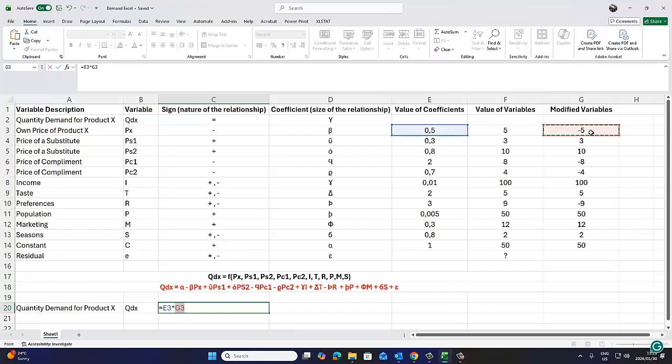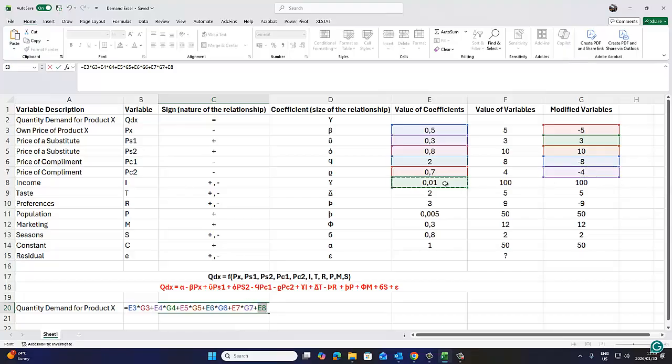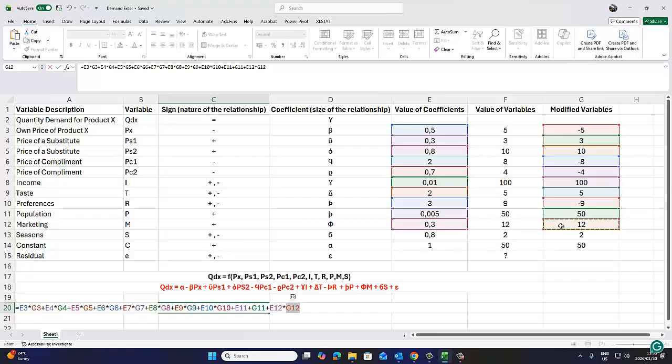times that value plus that value times that value, plus that value times that value, plus this value times that value, plus that multiplied by that value, plus that value times that value, plus this value times that value, plus this value times that value, and then the coefficient.